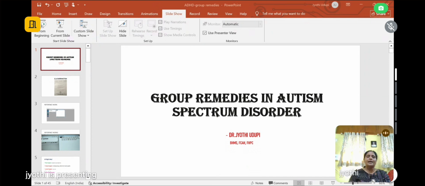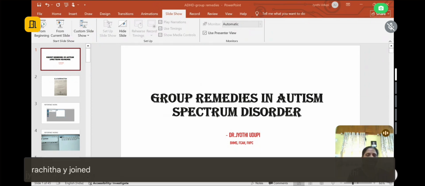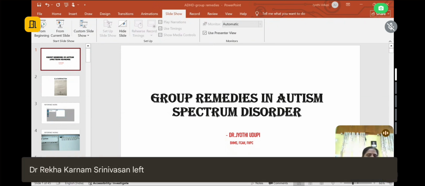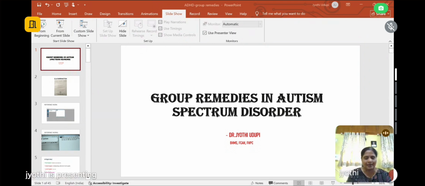And there are also nosodes and sarcodes. There is one beautiful example given by Rajan Sankaran sir in his plant remedy book. He takes love failure as an example. He says how plant kingdom people react. When somebody is duped or has a failure in love, they come and keep crying and say, this has happened, since then I am not well, I am crying, something is happening to me.